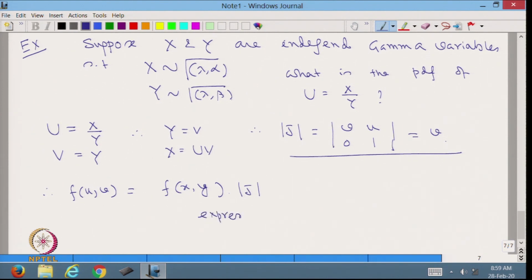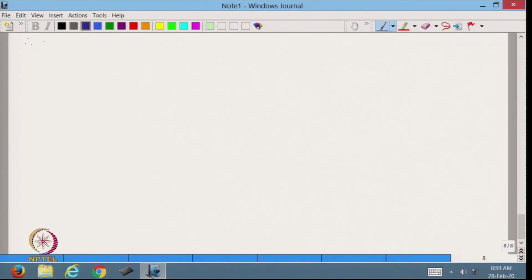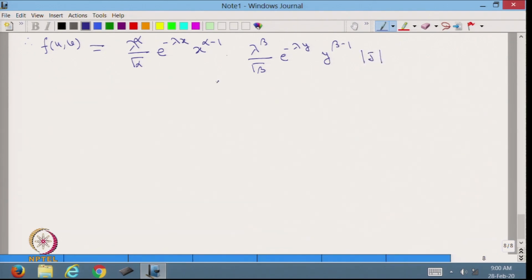expressed in u v. Therefore, the joint PDF f u v is equal to lambda power alpha upon gamma alpha, e to the power minus lambda x, x to the power alpha minus 1, multiplied by lambda power beta upon gamma beta, e to the power minus lambda y, y to the power beta minus 1, times the Jacobian, expressed in u v.